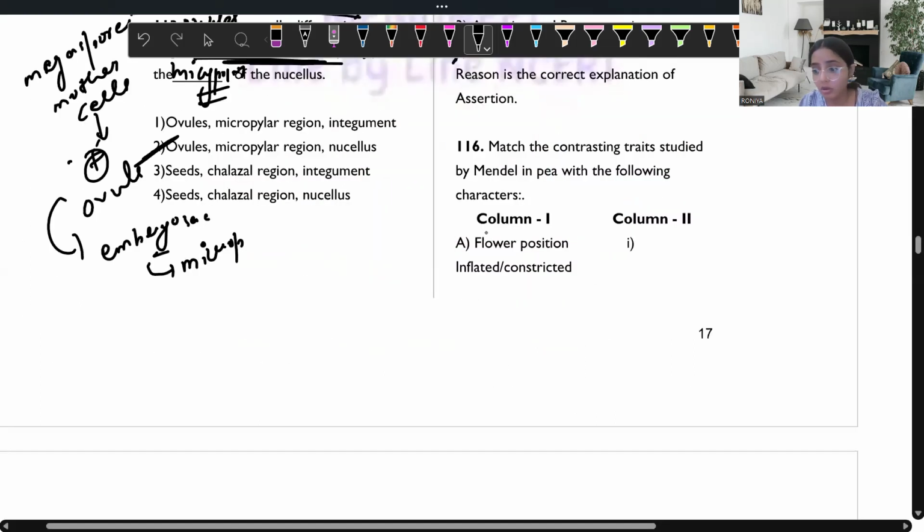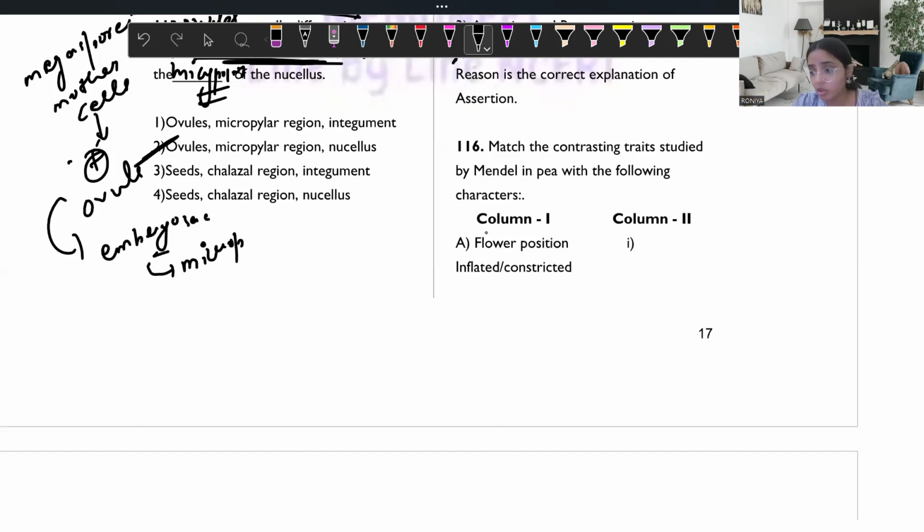Now moving on to question 116. Let us see what it is saying. Question 116 says, match the contrasting traits studied by Mendel in a pea plant. First is flower position, and here we have inflated, constricted.